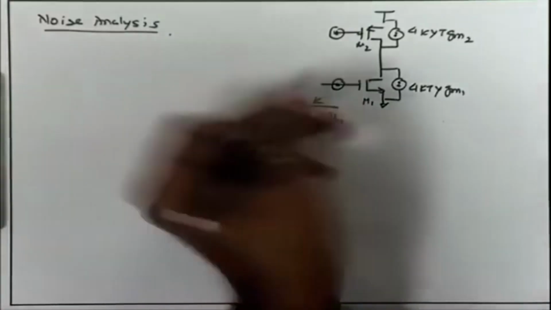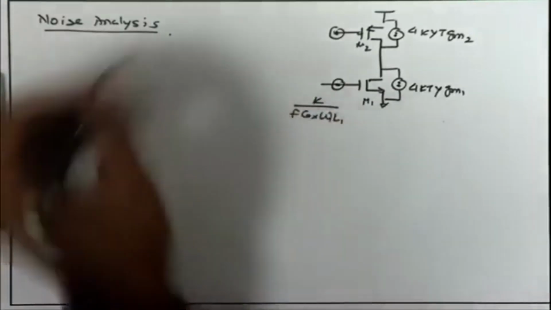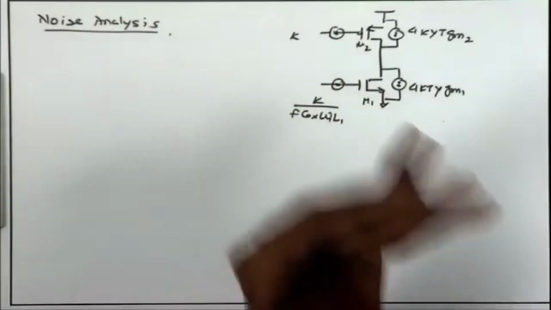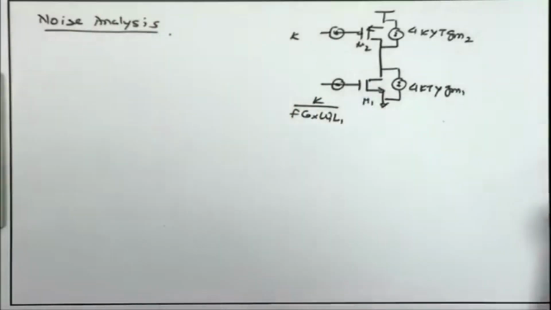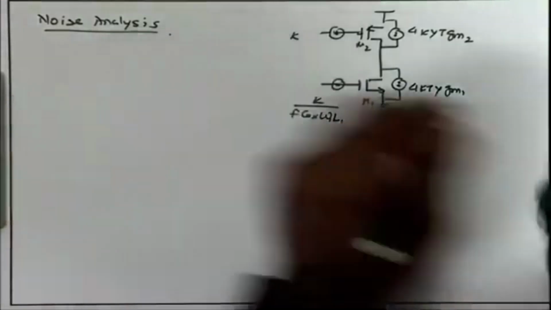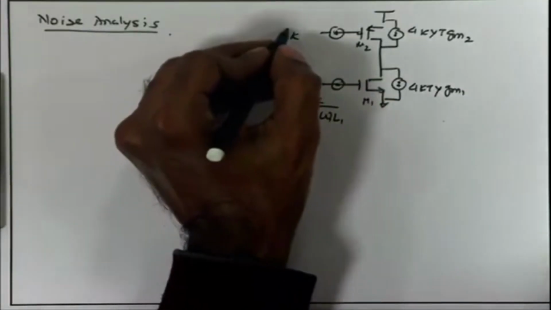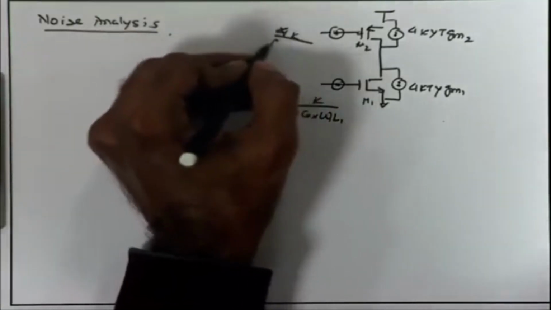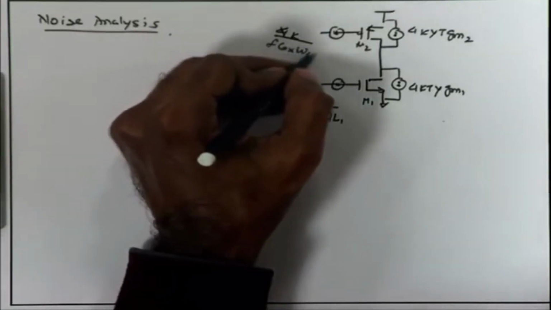Again K can be different, K1 K2, we can write this as K1 K2, but it does not matter in the analysis. We are just looking at the parameters on which we have control, that is the W by L ratios and the GM. And then once again here you have K upon f COX W2 L2.